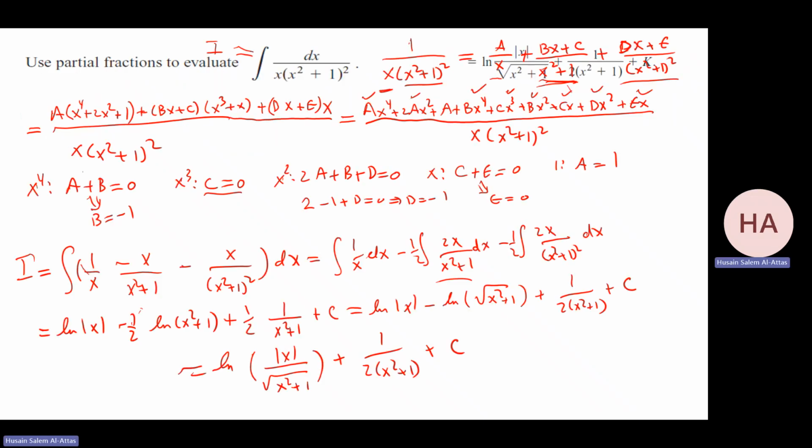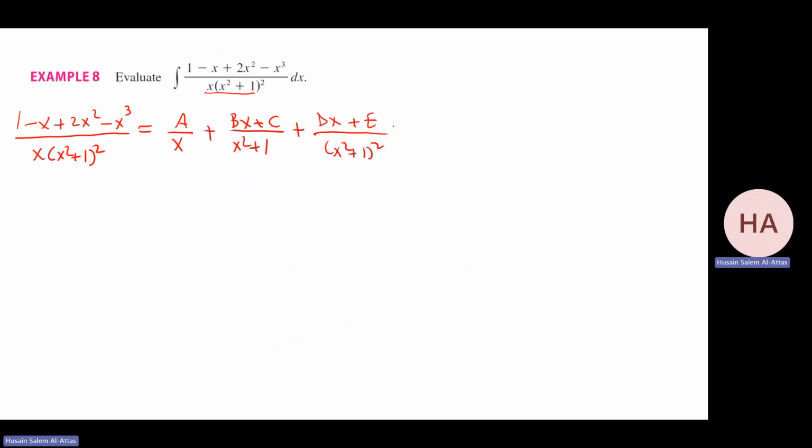Which is the same as this one. Let me try to get help from this, because what I did now, I just simplified this one, which will be the same before I equate it.